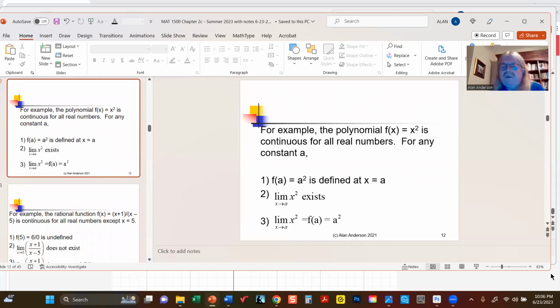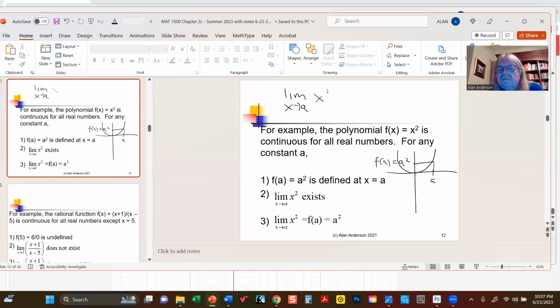So here's the polynomial f of x equals x squared. Very simple case. So let's say a is here. This will be f of a equals a squared. And then the limit is a squared.